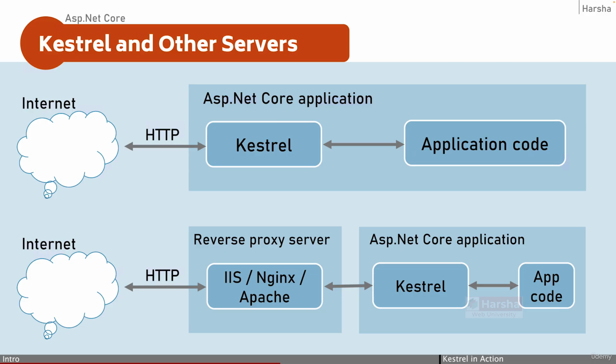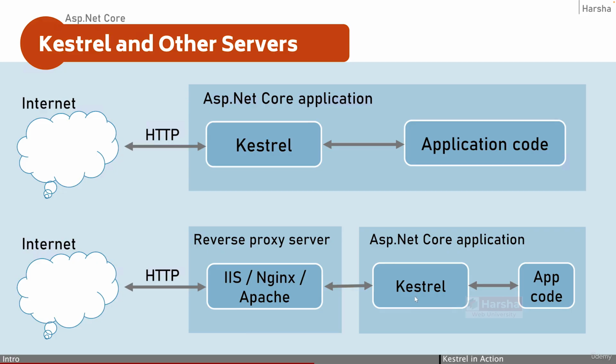Then, as usual, Kestrel receives the request and prepares the HTTP context, and that context object contains the details of the request, such as request body, request headers, session or cookies, etc. Then the application code receives the request along with the context, executes some code and provides the response back to Kestrel.